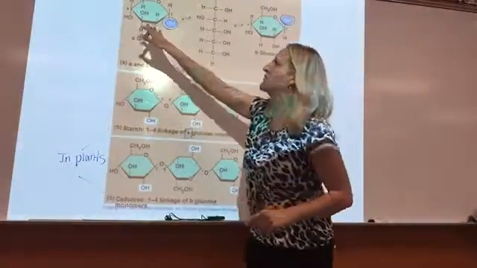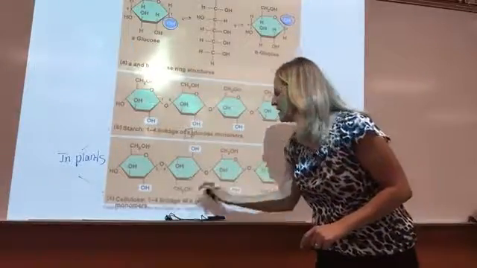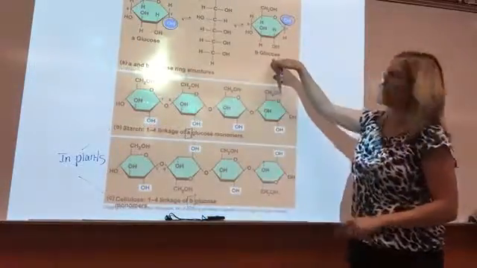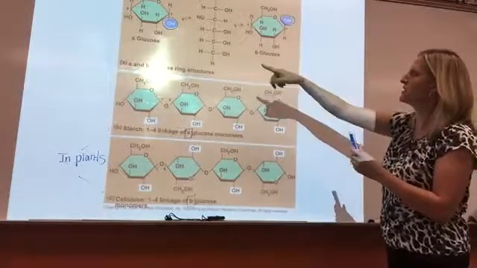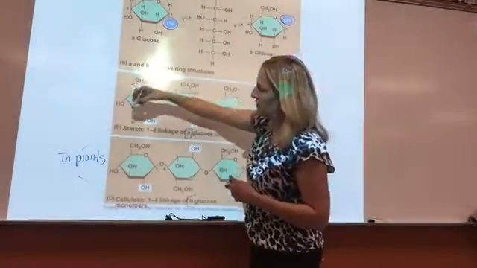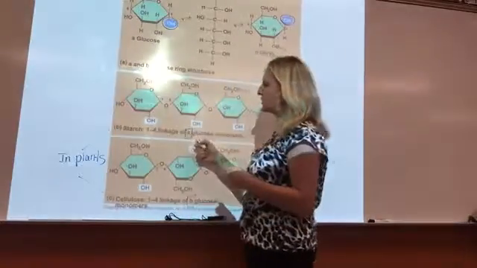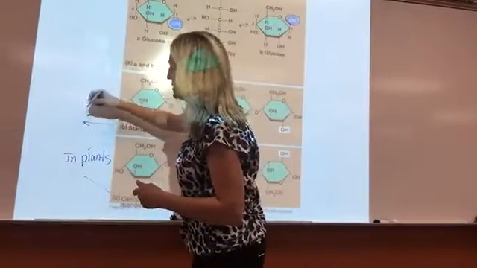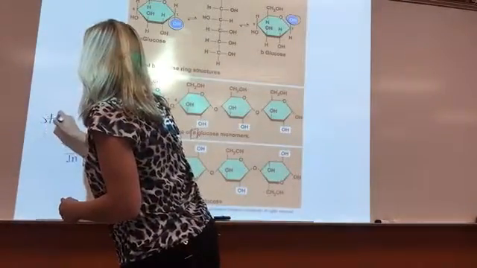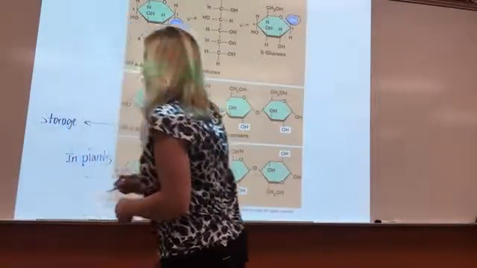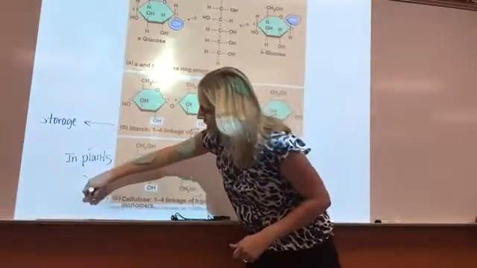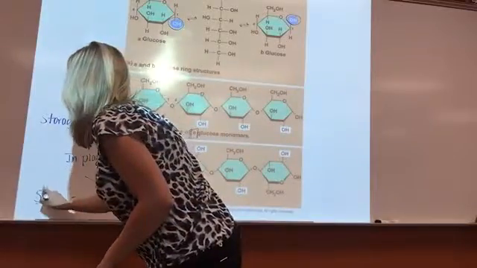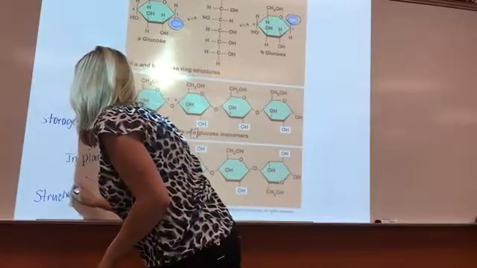So this is a chain of these glucose molecules. Cellulose is a chain of beta glucose molecules, the beta glucose molecules up here. And that difference in the monomer of each one of these gives them different functions. So as a result of being alpha glucose, these guys are involved in storage and energy. And as a result of being a chain of beta glucose molecules, this gives it the function of being structural.